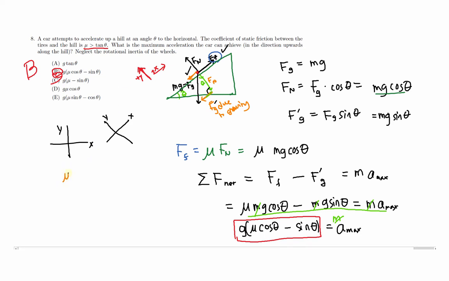Mu is greater than tangent theta, so I write that first. I'm going to multiply both sides by mg, split the tangent into sine theta over cosine theta, and then cross multiply the cosine theta to the left side.